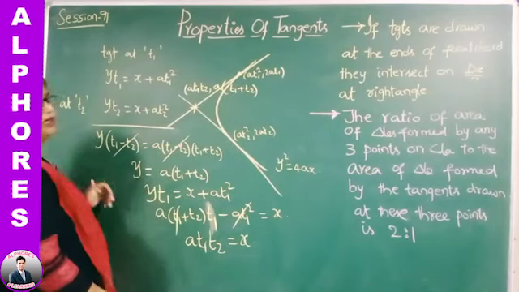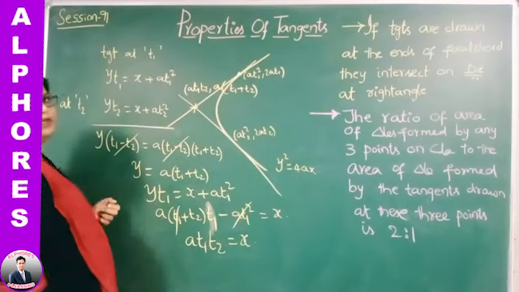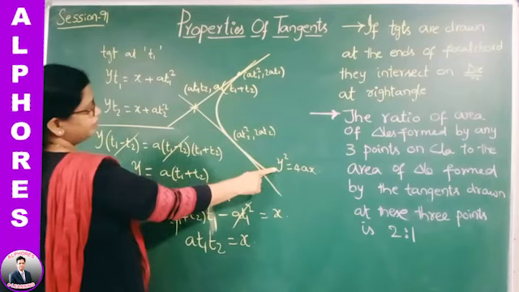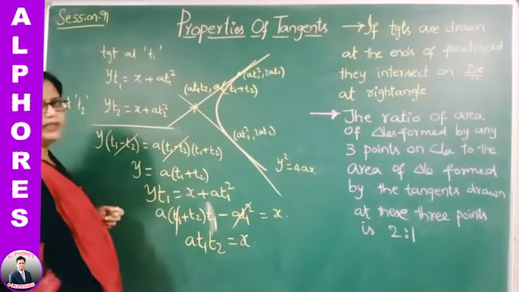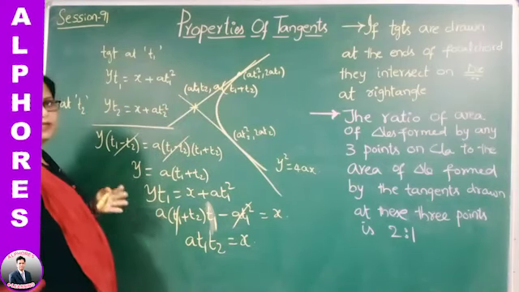This is one of the important formulae, because we are now going to prove some properties of tangents which are very useful in our problems. Whenever you take the standard form y square is 4ax, the formula is at1 t2 comma a into (t1 plus t2).